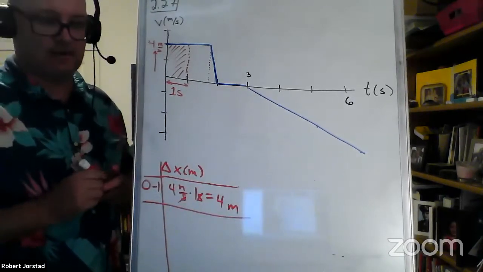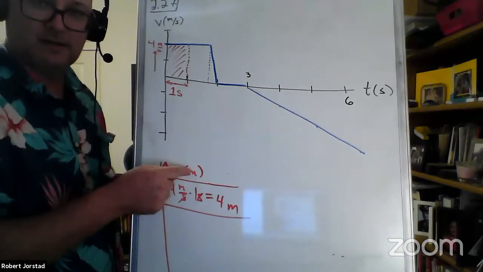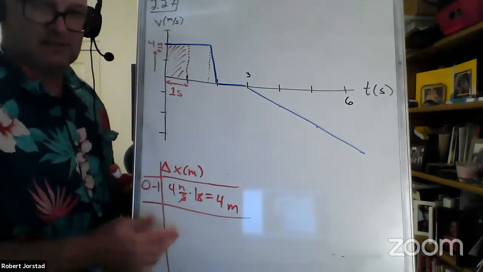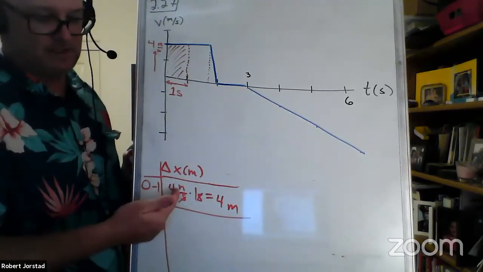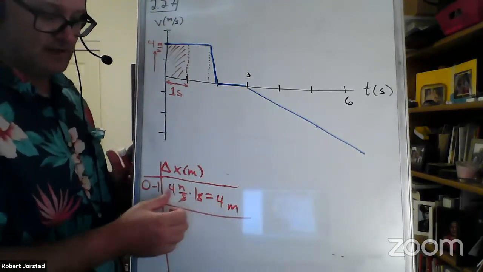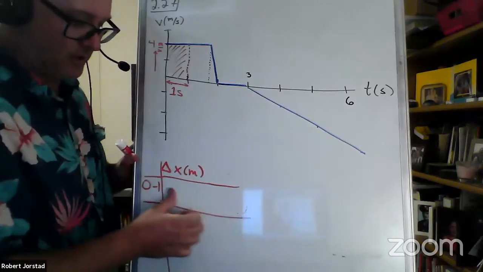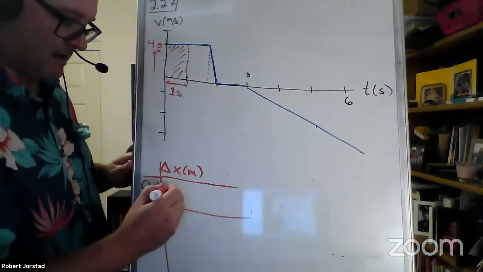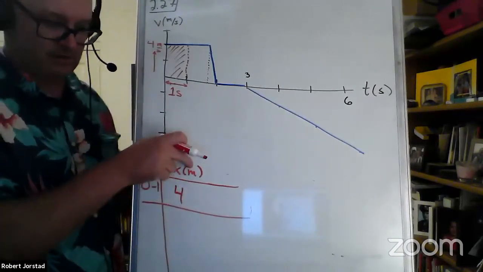Now, because I wrote the units up here, I'm not going to write the units. Every time we're going to get meters per second times seconds, which is going to cancel out. And so we'll get just meters. And so to make this look a little prettier, I'll just write the number 4 here, and the units are included right there.